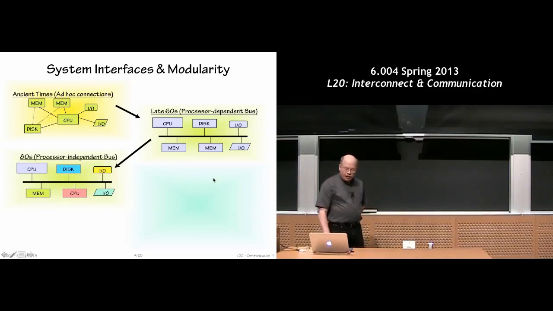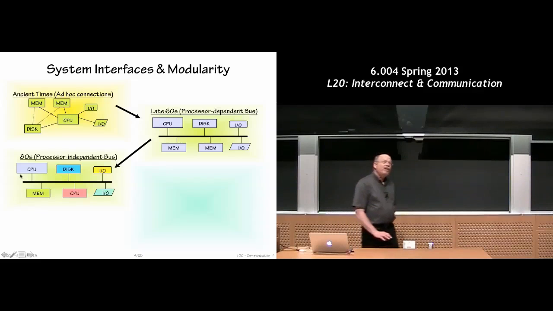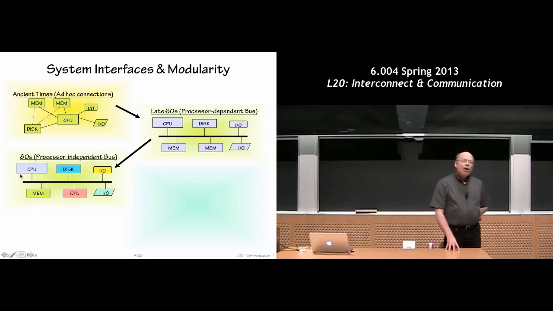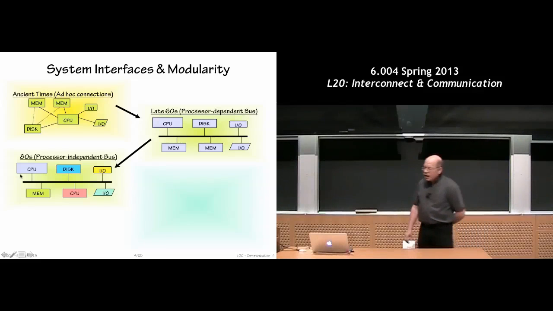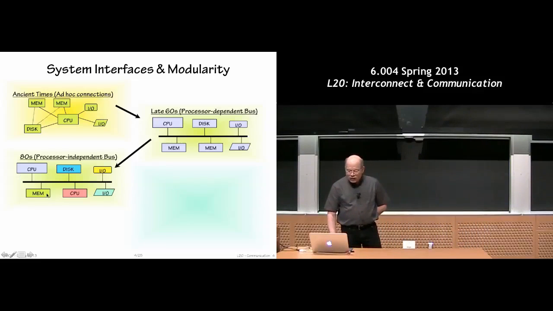And then we got on to these processor-independent buses, because it became pretty clear that there were some choices that individual CPU chips were making that weren't long-lived. They weren't forward-looking. They didn't take into account the ability of a very smart network interface transferring information all by itself into buffers in memory without any intervention from the CPU at all.